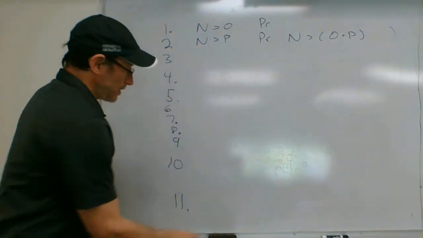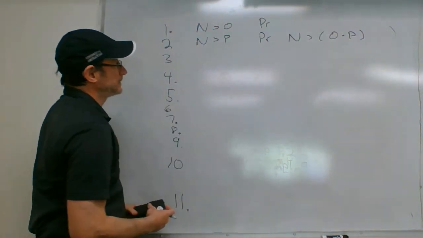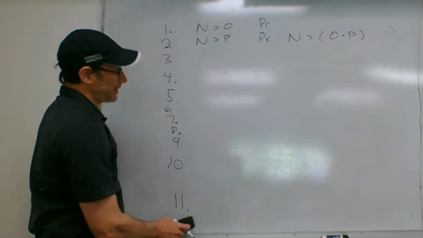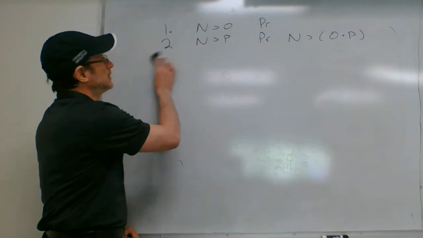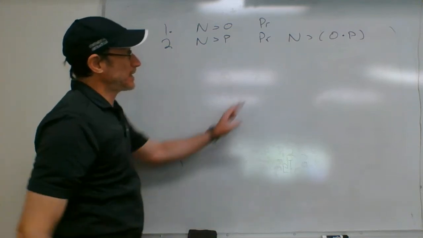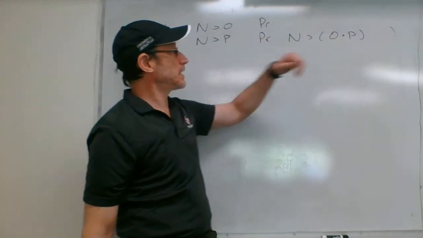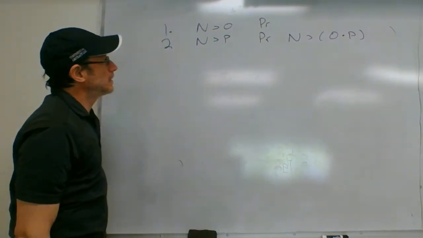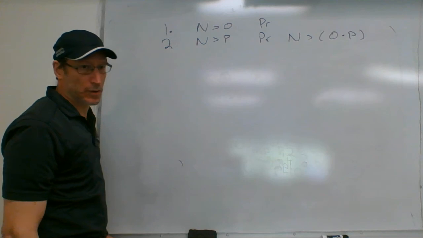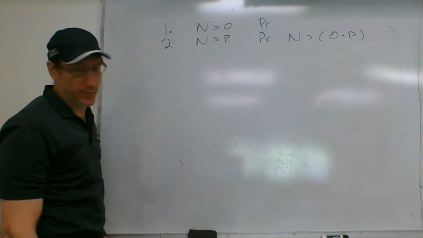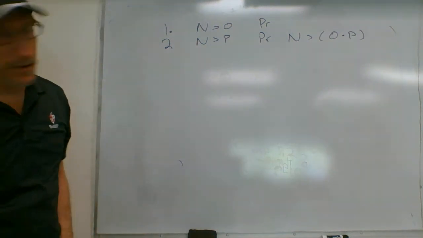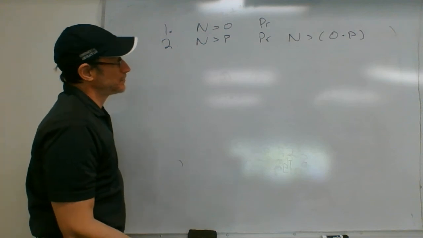Okay, well, I'm thinking to myself, how am I going to get N horseshoe O dot P? Now, if you didn't have the rule of conditional proof, how would you do this?